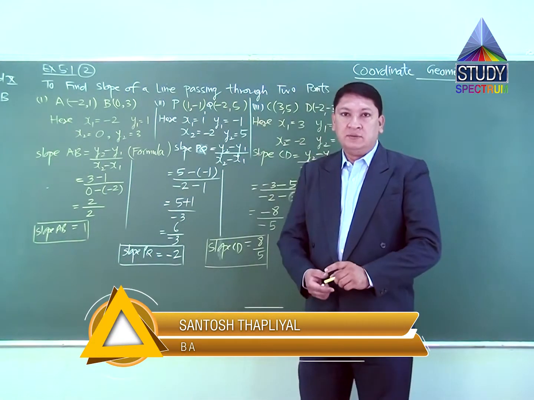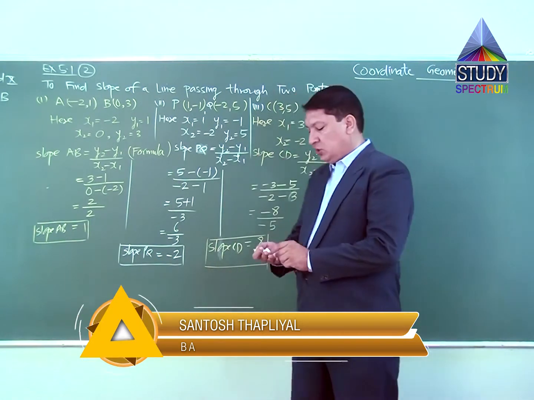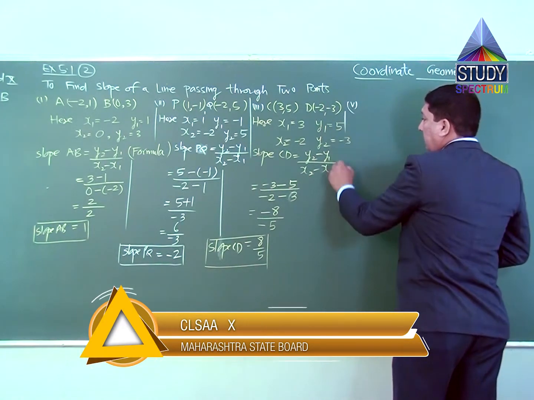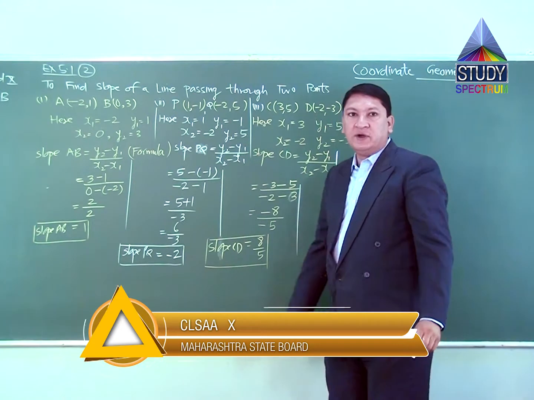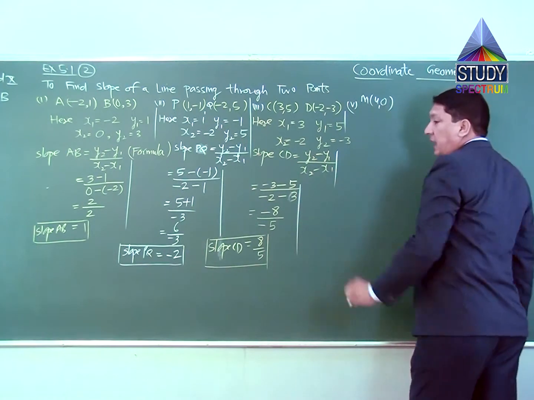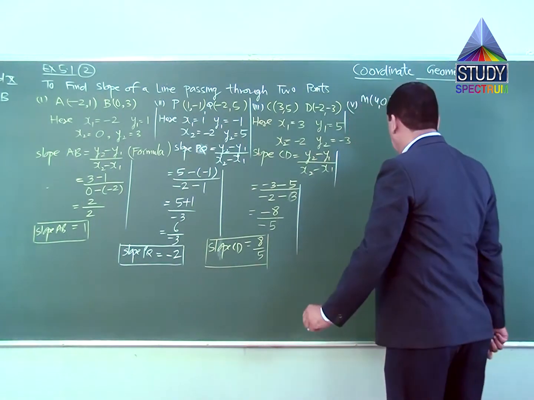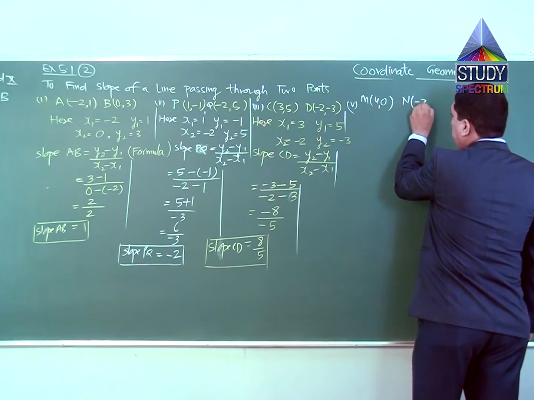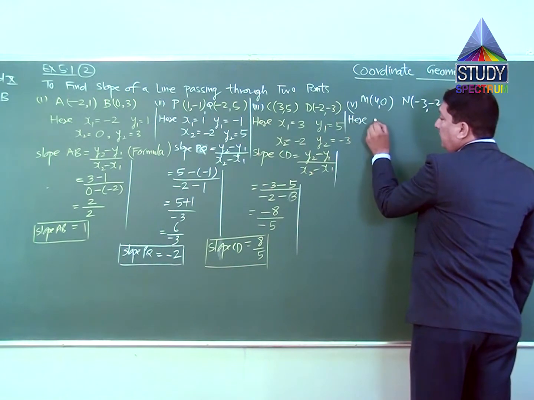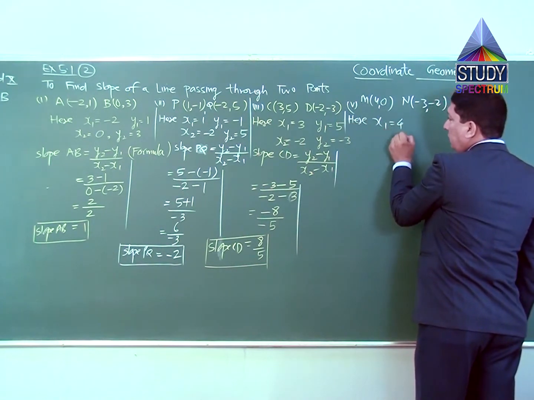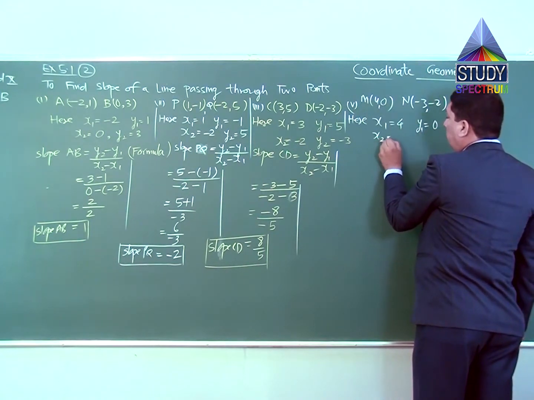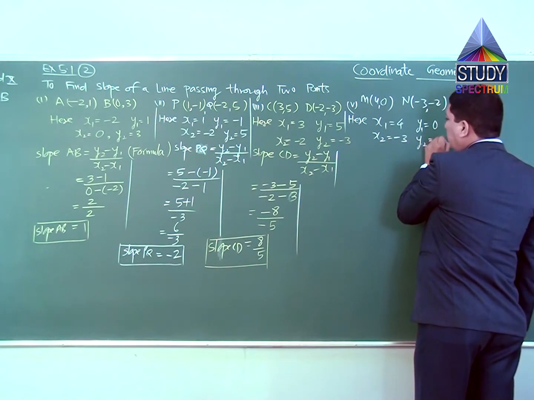We'll take more sums. This time I'll take question number 5, instead of 4, I'll take the 5th sum. Values given to us: M is (4, 0) and the value of N is (-3, -2). Same way here, x1 is 4, y1 is 0, x2 is -3, y2 is -2.